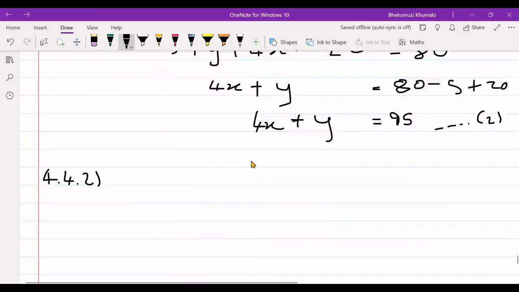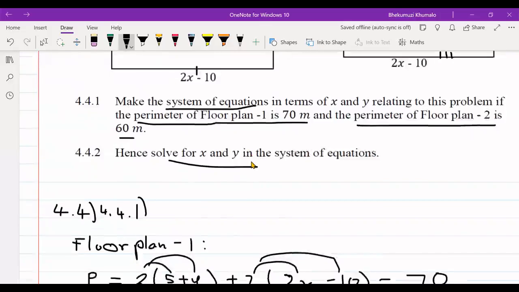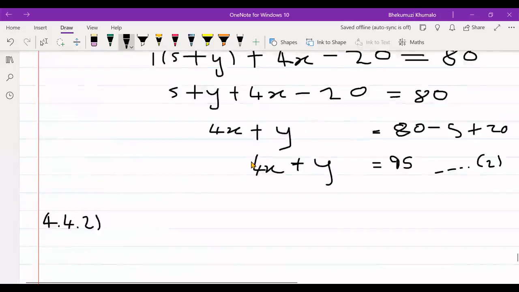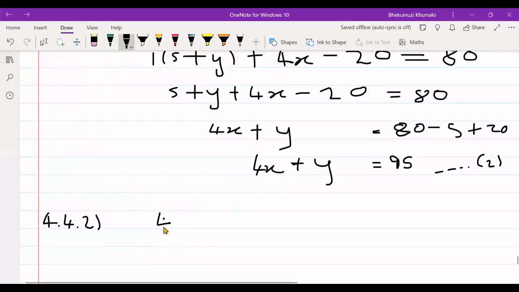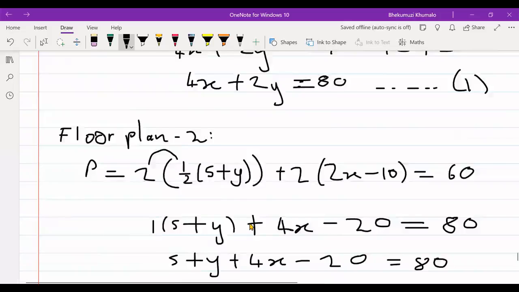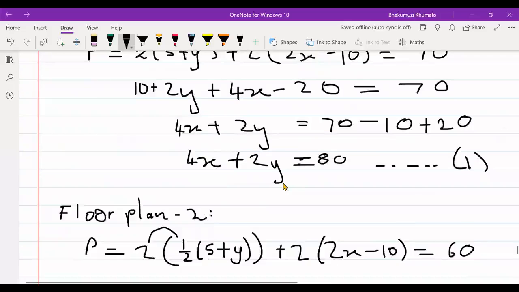So now we go to 4.4.2. Now 4.4.2 says, hence solve for x and y in the system of equations. Now we just need to solve for x and y in the system of equations. So we can just rewrite it again and say we have 4x plus 2y equals 80.